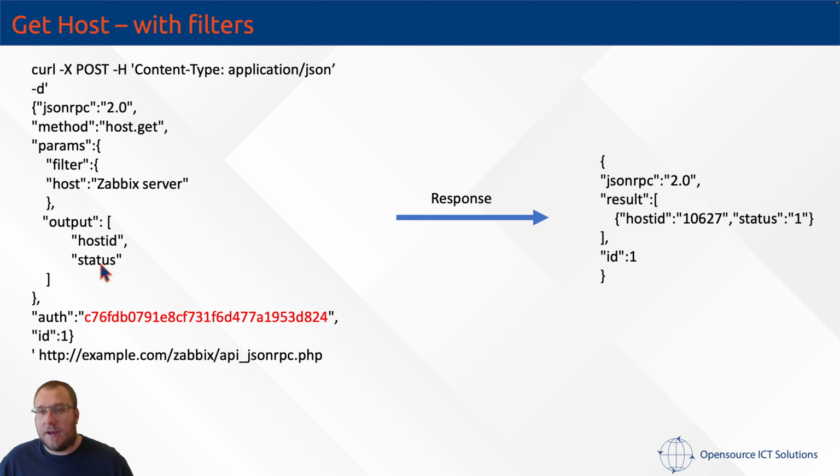And we are telling Zabbix, get the host with the name Zabbix server. And the only thing that we care about is the host ID and the status. Hopefully, this is what you see. Result, host ID 10,627, status is 1. And that way you can really filter already on what you would like to receive as a reply. You do not always need all unnecessary information.